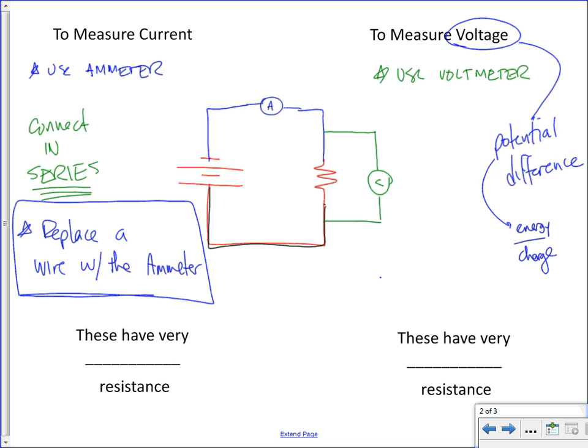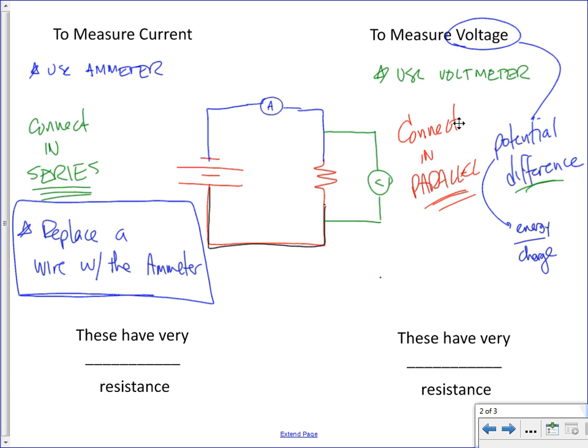Now we're able to measure two different values of energy per unit charge and compare them to get our difference, our voltage. So if you notice, this voltmeter is connected in parallel with the circuit element we want to find the potential difference across.